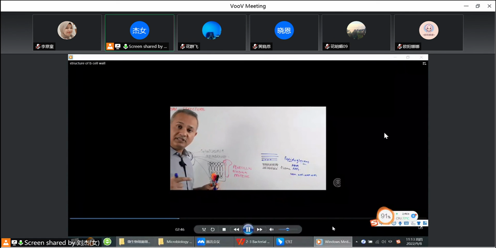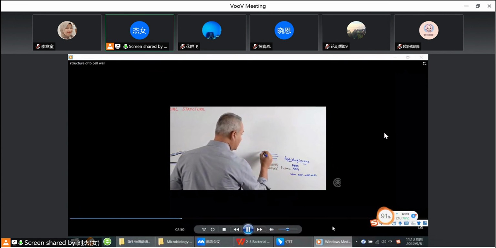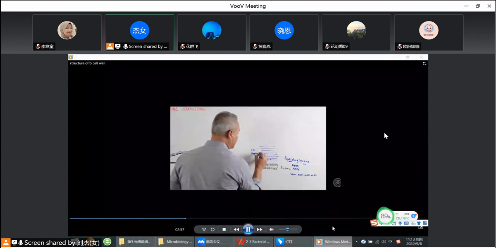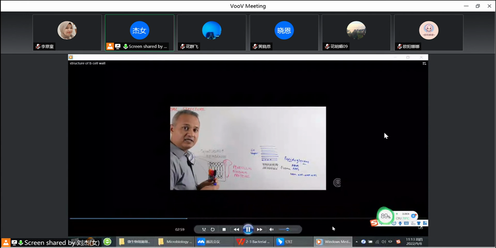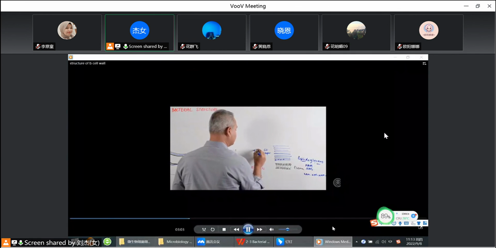In gram positive bacteria, the peptidoglycan layers are up to 60. Up to 60 layers. In gram negative bacteria, there are just up to 3 layers. So gram positive up to 60 layers, gram negative up to 3 layers.